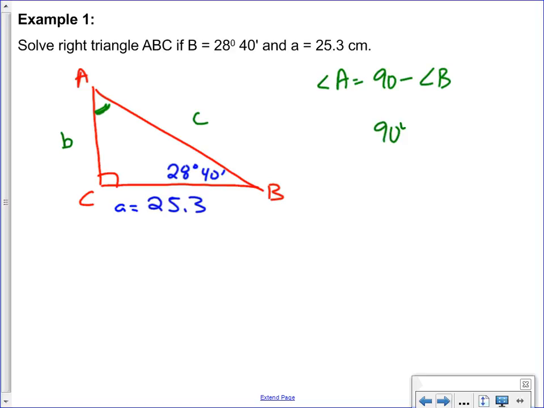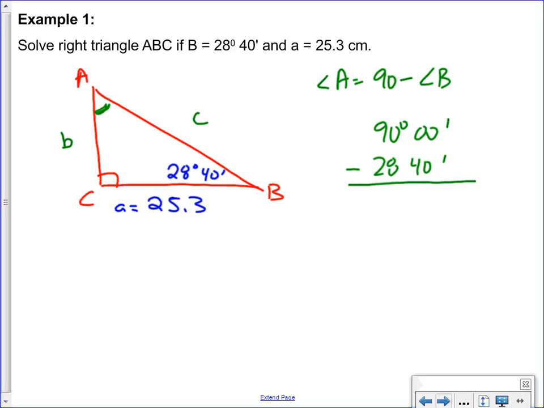So 90 degrees minus 28 degrees 40 minutes. I just, from the 90, took away what was already there.